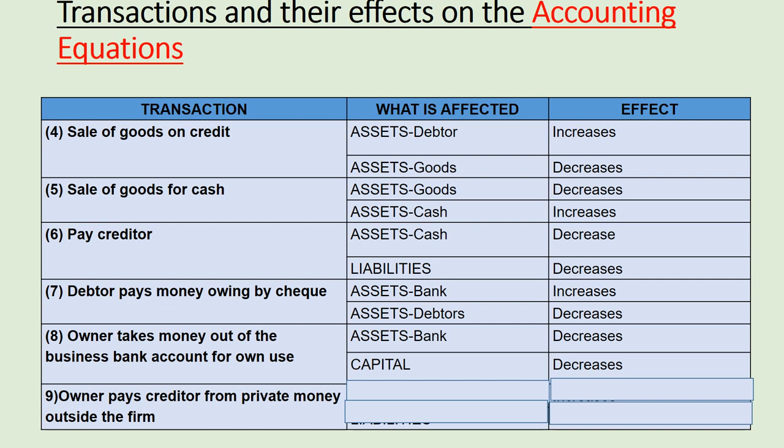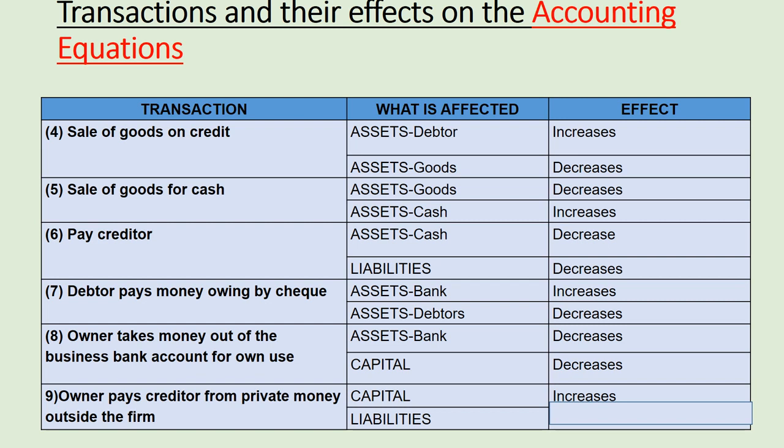But in this case, it hasn't been stated if the owner needs the money back. So we can say that capital is going to be affected and liabilities are going to be affected. The capital, the money that the owner used to pay, can be treated as an investment, as additional capital. So capital is going to increase while liabilities are going to decrease. So this is how transactions affect the accounting equation.